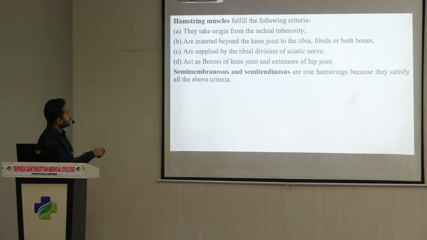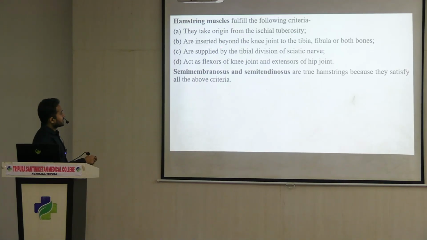Now see, these 4 points will define which criteria must be fulfilled to become a hamstring muscle. First of all, they have to take origin from the ischial tuberosity. That's why today in the beginning I asked you whether you have studied the hip bone, because in the hip bone you get the ischial tuberosity, and from that ischial tuberosity the origin takes place.